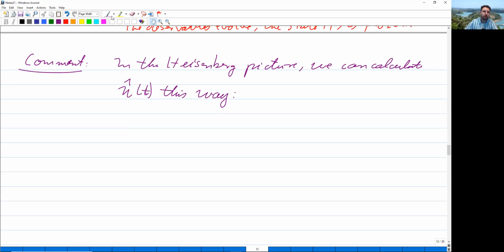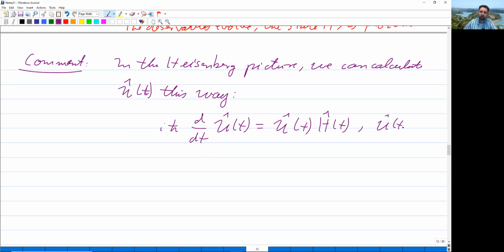Namely, i h bar d by dt u hat of t is u hat of t, h hat of t, and u hat of t naught is the identity operator, right? That's how we did it. Now, in the Schrödinger picture, we don't have h hat available. How do we calculate it then?